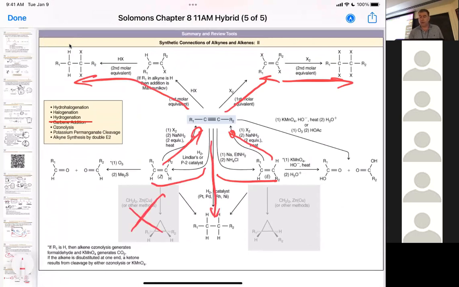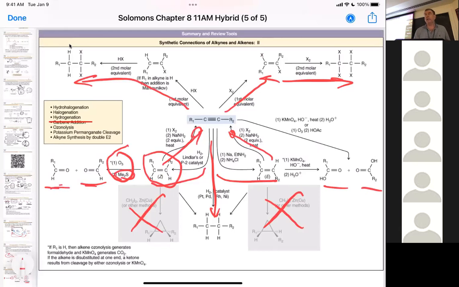We're actually not doing carbenes, so you don't have to do those, but you get carboxylic acids over here, aldehydes and ketones over here. So knowing those different reactions and what their products are, and being able to say, oh, if I have an alkene and I do a reducing ozonolysis with this reagent, I can get aldehydes and ketones. Okay.